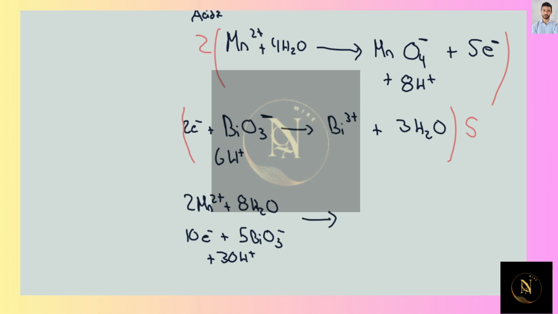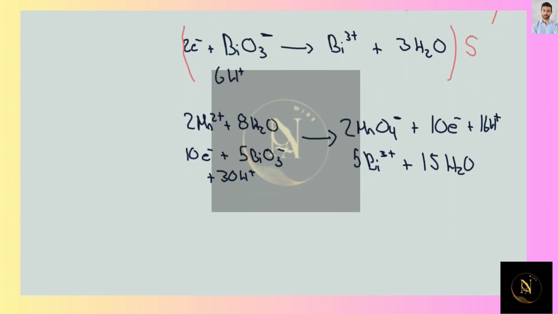And this is going to produce, on the right hand side, we have 2 manganese oxide plus 10 electrons plus 16 protons. And over here, we're going to get 5 bismuth 3 plus 15 waters.